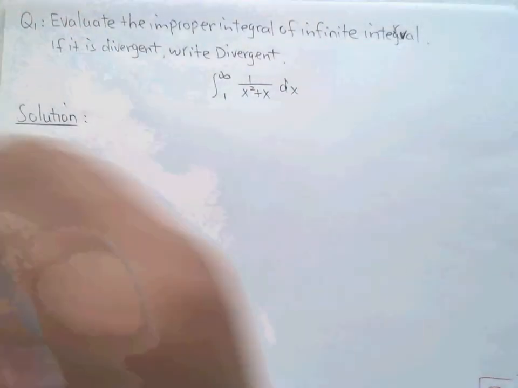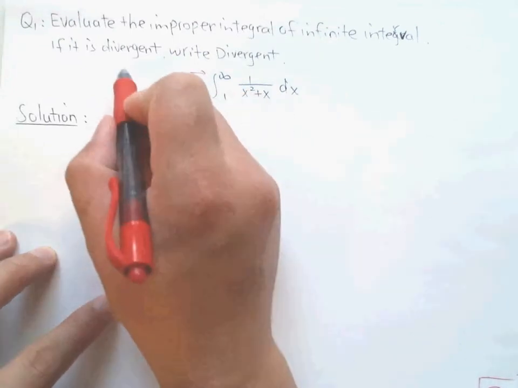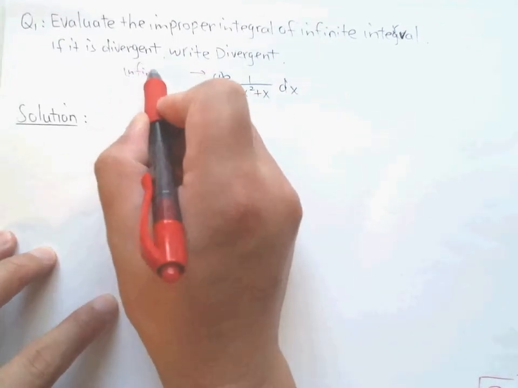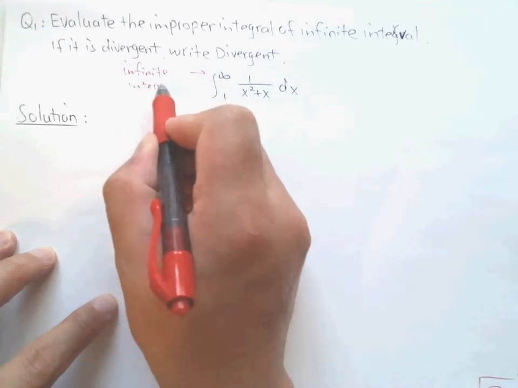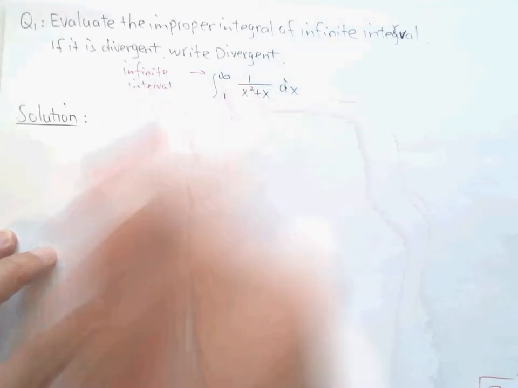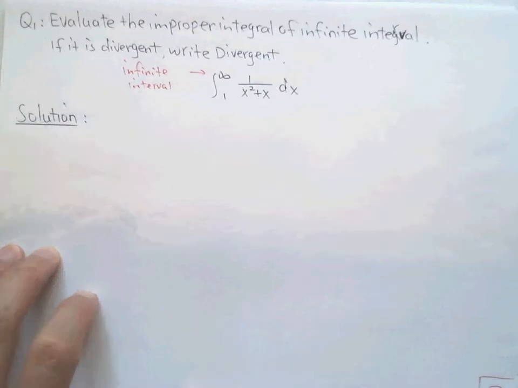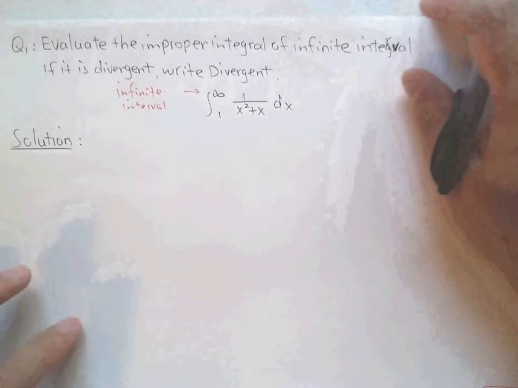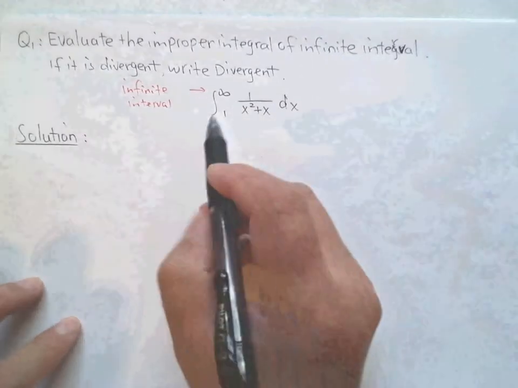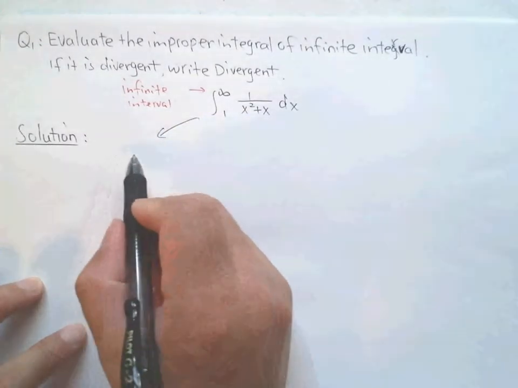First we know this belongs to the type of infinite interval, where the interval goes to infinity. So how do we do this? We have to use the definition. What is the definition? Here it is. Have a look. I put this one here, and then I do the calculation.